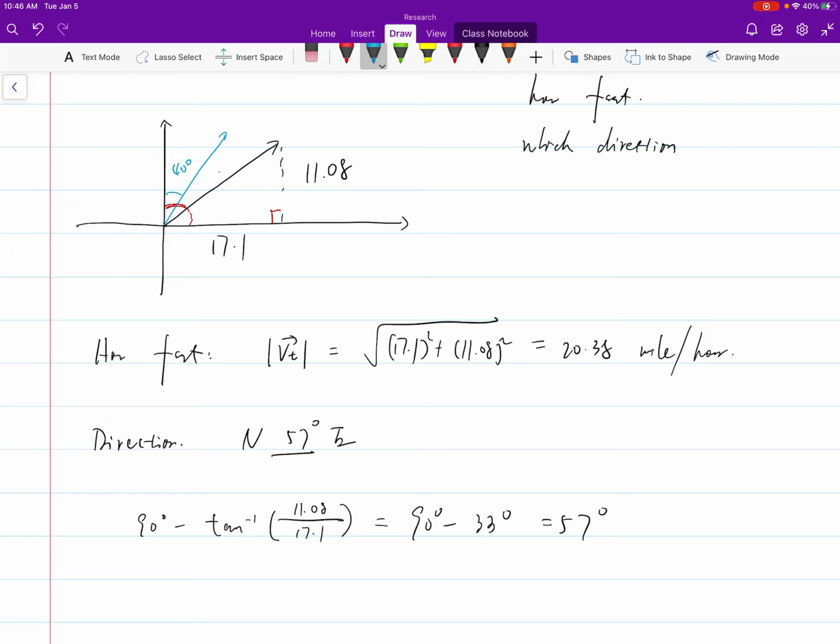Originally, you had 40. Now you have a wind coming from this way. Now you have 40 and you're traveling at 20. But now you have 57. So this wind did push you a lot, actually 17 degrees more towards the east.